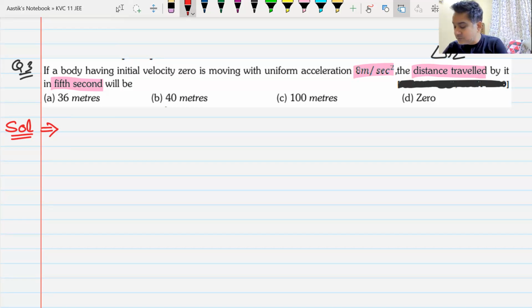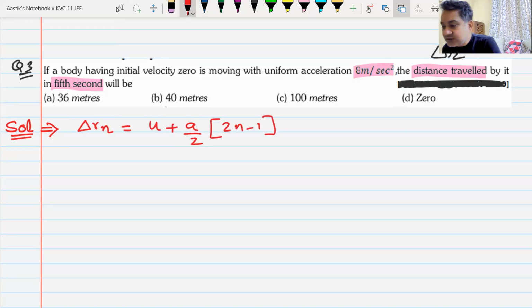The displacement in the nth second, first, second, third, fourth, fifth, sixth, seventh, nth, is u plus a by 2 times 2n minus 1. We just put the values here, my dear friends.